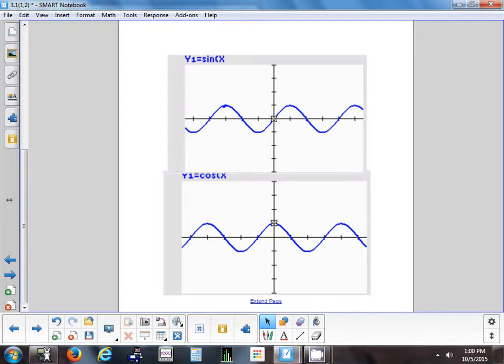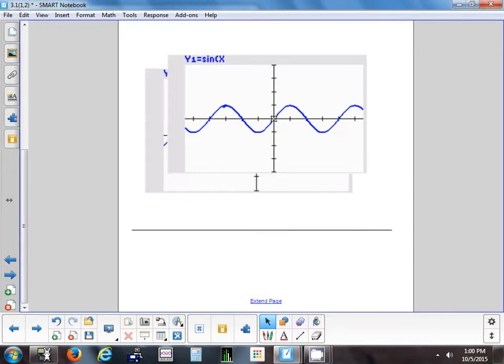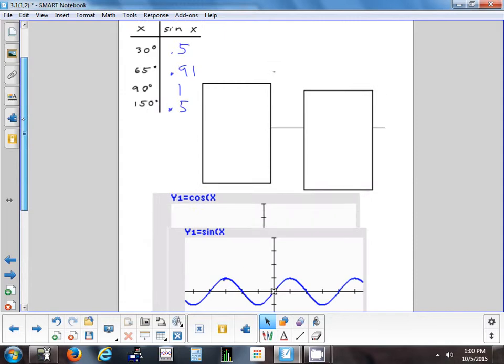Let's try that negative 90 to 90, because we've got the same problem here. If I put in a horizontal line, it's going to hit it more than once. Every single spot that it's hitting it at is an answer. But we've got to narrow it down. We only want one answer, not 6 or even more. Let's take a look at this.